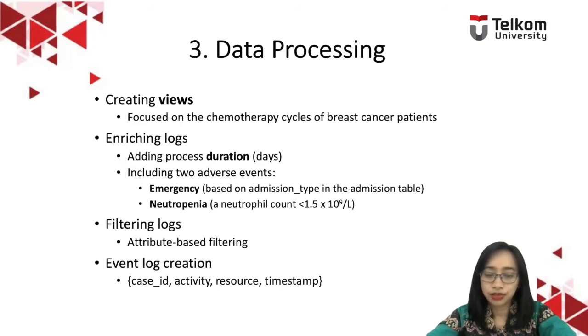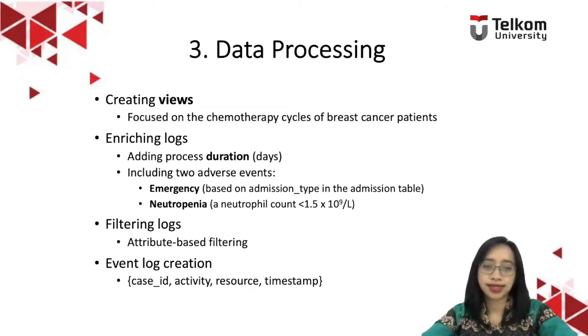But for the neutropenia, our clinical experts check the neutrophil count and decide which ones are the neutropenia events. And then we did the filtering based on the attributes, and we created event logs to select case ID, activity, resources, and timestamp.